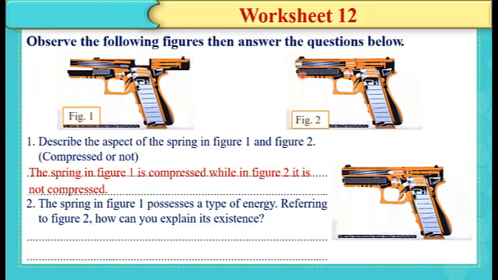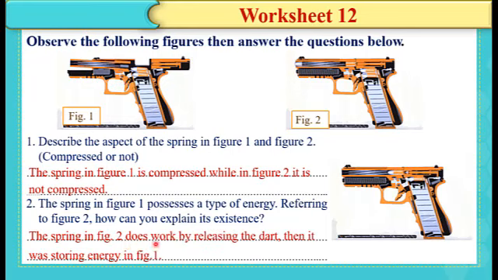This work comes from the compressing of the spring at first in figure 1. So the spring in figure 2 does work by releasing the dart, and it was storing energy in the first case in figure 1. Due to the storing of energy, the spring performed work in figure 2. When we compress the spring, it stores energy, so it uses this stored energy to release the dart or the bullet.